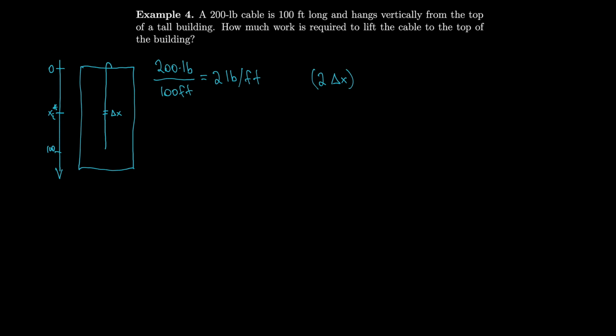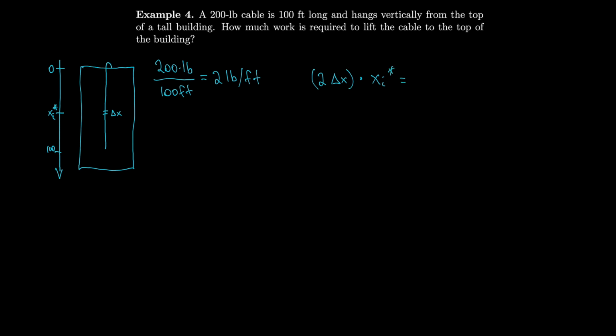We do this along the entire rope, chopping it up into little pieces. We take the limit as the lengths of these little pieces go smaller and smaller as we do more and more pieces. And we multiply this by our distance. Notice the distance to move that piece is just the x value that we chose to be our sample point. So our distance is xi star.